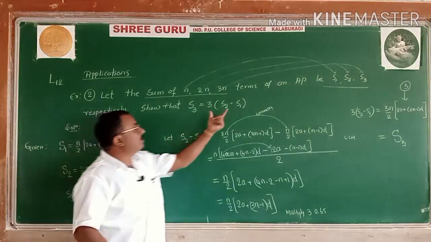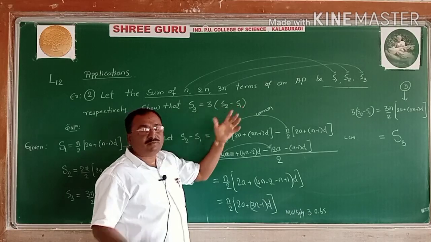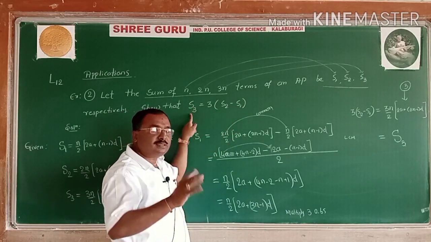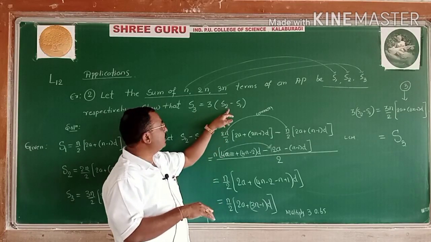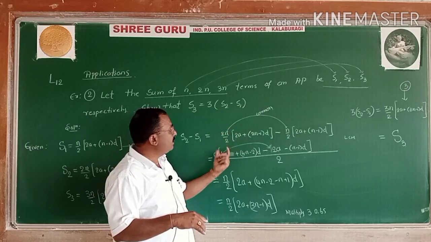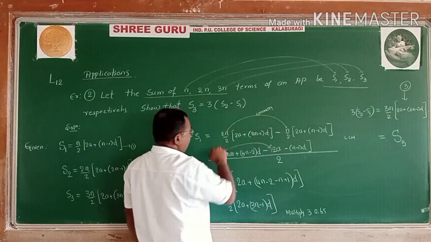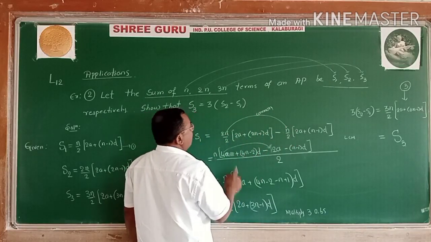But take this one, the RHS side, and prove the LHS. S2 minus S1 is the first simplification part. If you write the LHS S3 directly, it has no meaning, so it becomes a spread difference. Therefore, take the RHS side S2 minus S1 and simplify. LCM is 2 and n taking common. 2 into 2, 4a minus 2a is 2a.